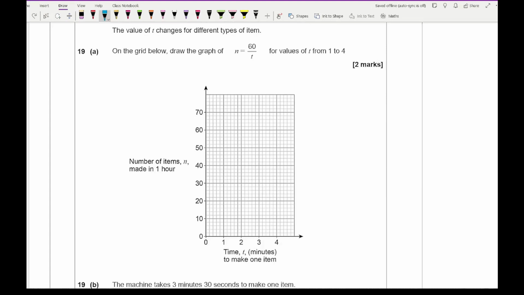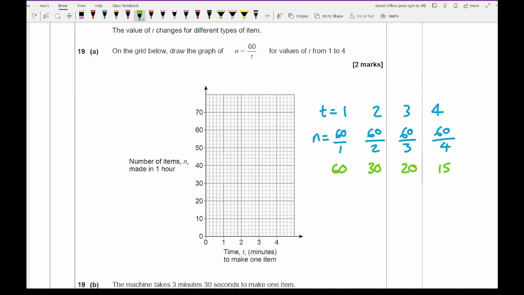Well, for the first point, when t equals 1, 2, 3, 4, then n is going to equal 60 over 1, 60 over 2, 60 over 3, and 60 over 4. Now those values, 60 over 1 is 60, 60 divided by 2 is 30, 60 divided by 3 is 20, and 60 divided by 4 is 15.